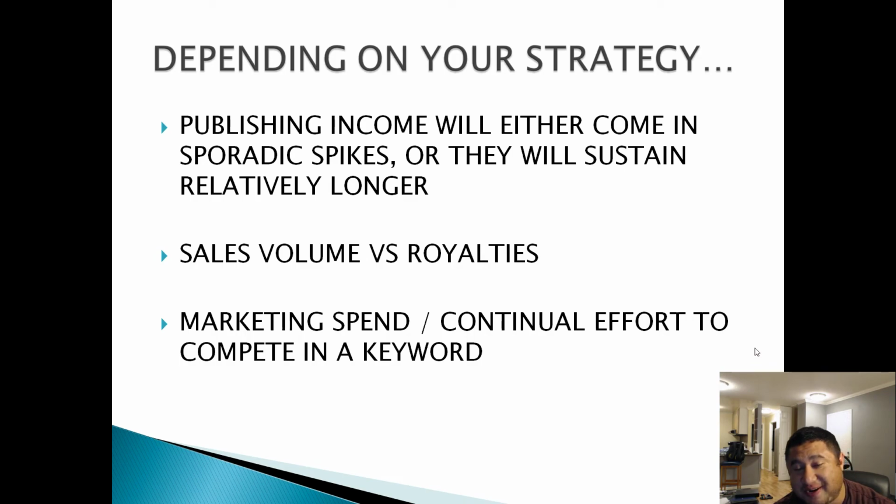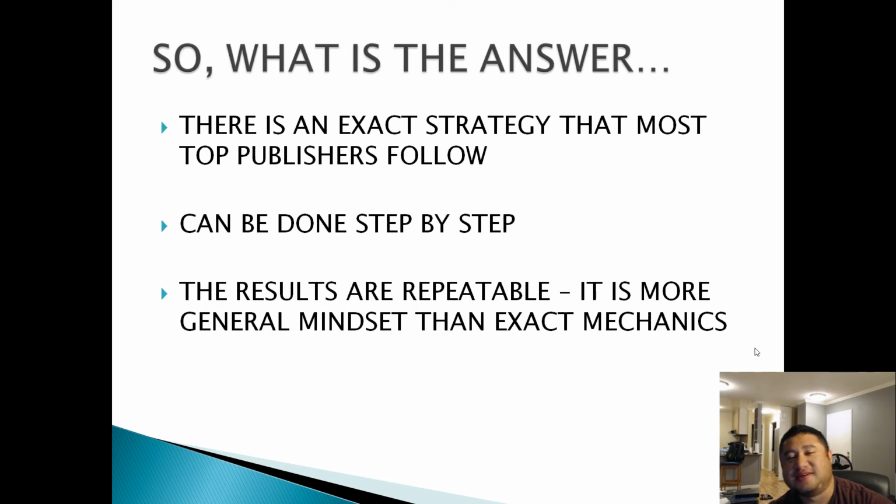Now, the juicy part. What is the answer towards the combo that makes the most money? What are the top publishers actually doing? And there's a certain combination that seems to be unanimous with top publishers. Yes, there is an exact strategy that most top publishers follow.